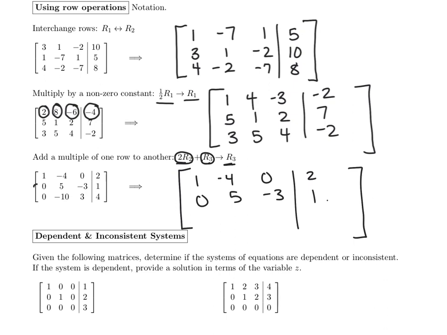So we're taking 2 times 0, which is 0, add it to 0, we get 0. 2 times 5 is 10. 10 and negative 10 is also 0. 2 times negative 3 is negative 6. Plus 3 gives us a negative 3. 2 times 1 is 2, and 2 plus 4 is 6.